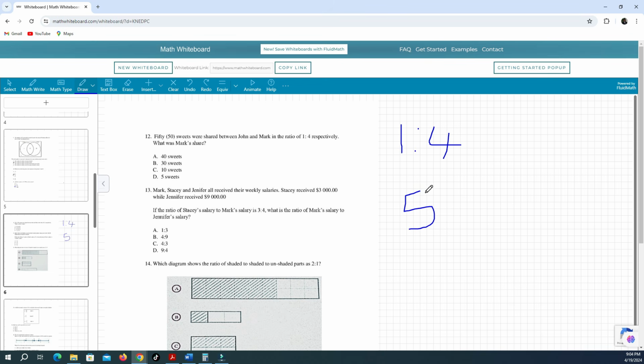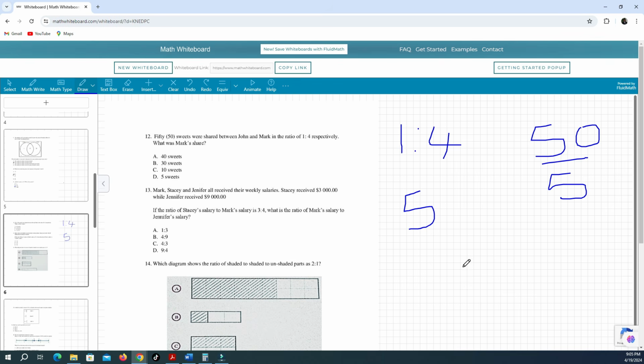So now we have our ratio, which is 5, or adding of the ratio, which is 5. And the total is 50. So we need to divide by 5, and that will give us 10, right? Right, so 5 into 50, 10 times.